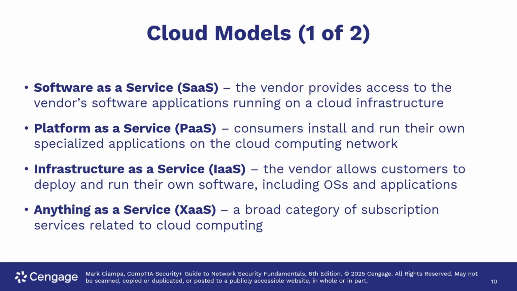Platform as a service, the customers install and run their own specialized applications on the cloud computing network. And infrastructure as a service, the vendor allows the customers to deploy and run their own software, including operating systems and applications. Anything as a service is a broad category of subscription services related to cloud computing.